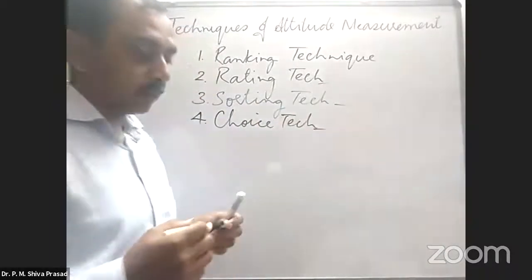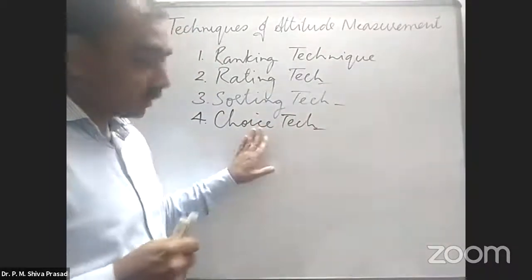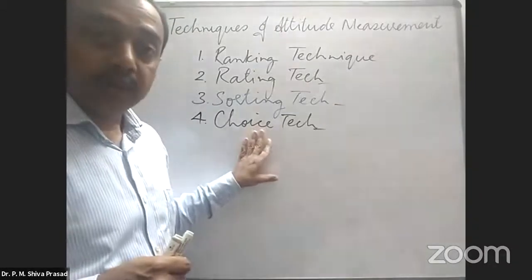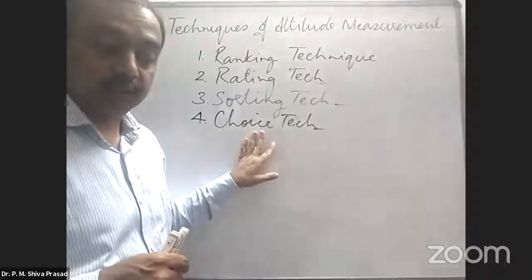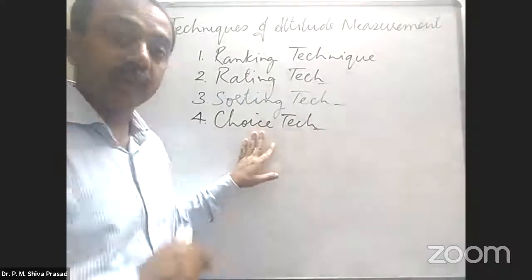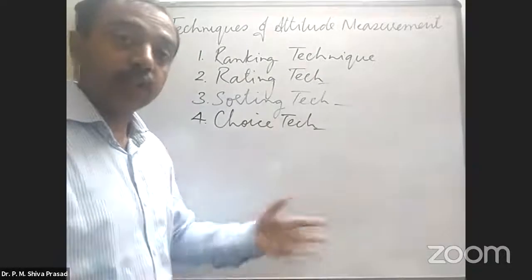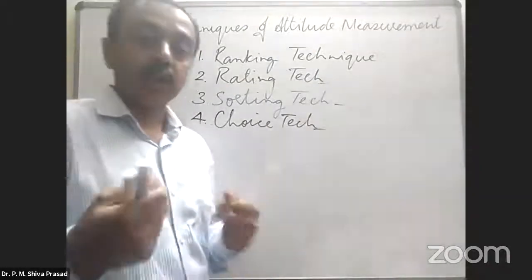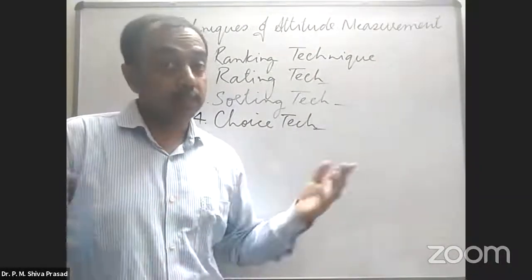Choice technique. In this case, we try to identify preferences by choosing between two or more alternatives. We give them the choice. They'll choose which one they like the most.